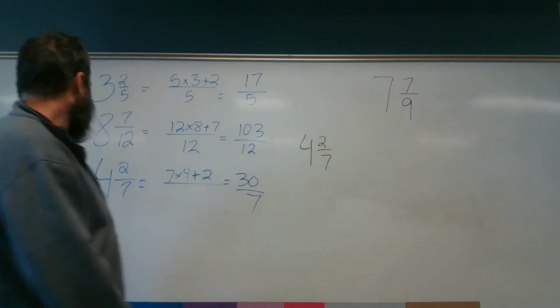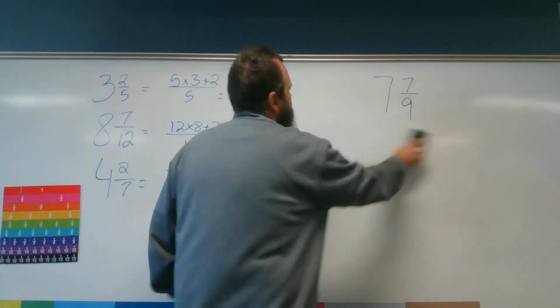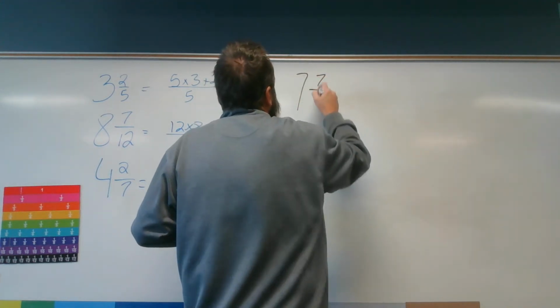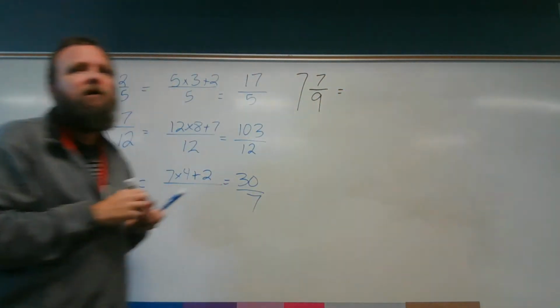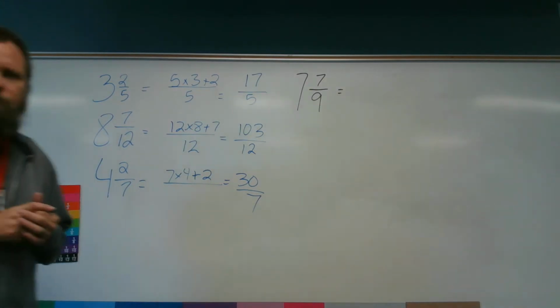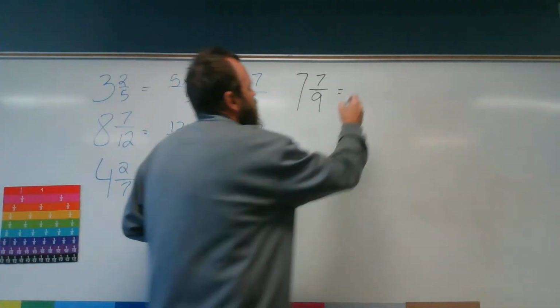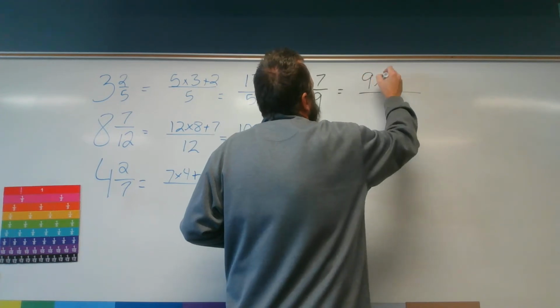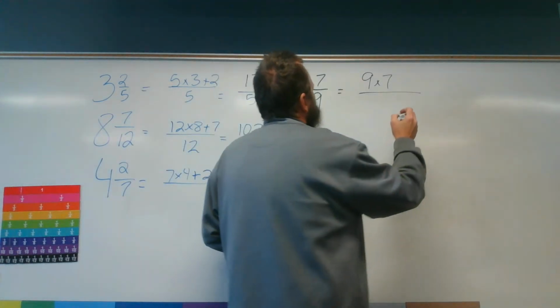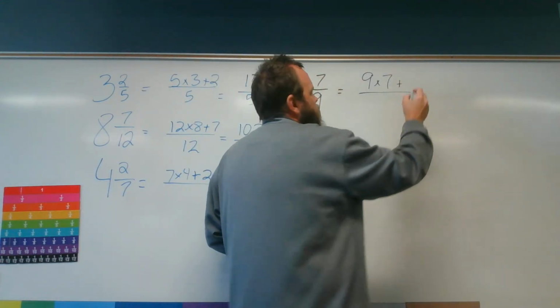All right, so that was 4 2/7. Let's do 7 7/9. Let's go with Andres. Tell me what to do for 7 and 7/9. Multiply the whole number by the denominator. Okay, so 9 times 7, and then add the numerator.